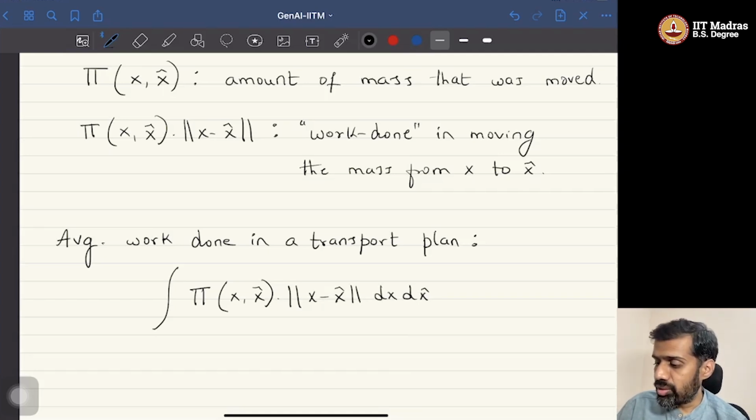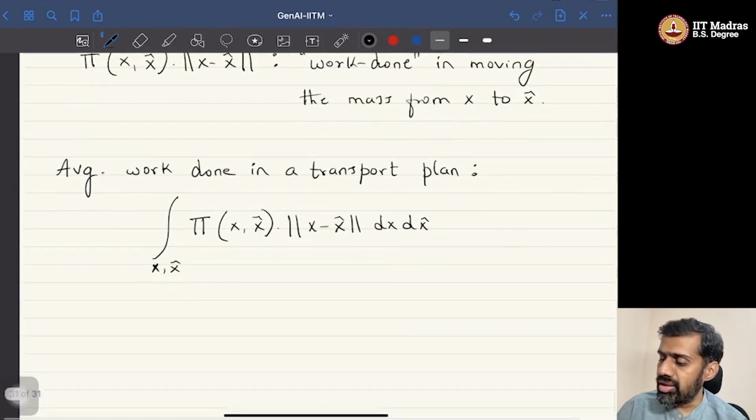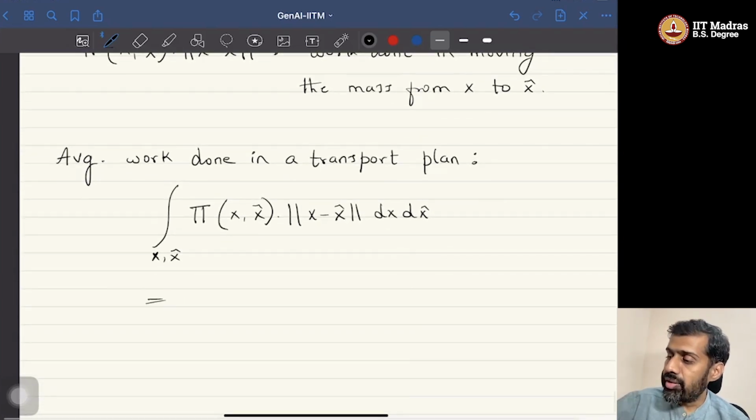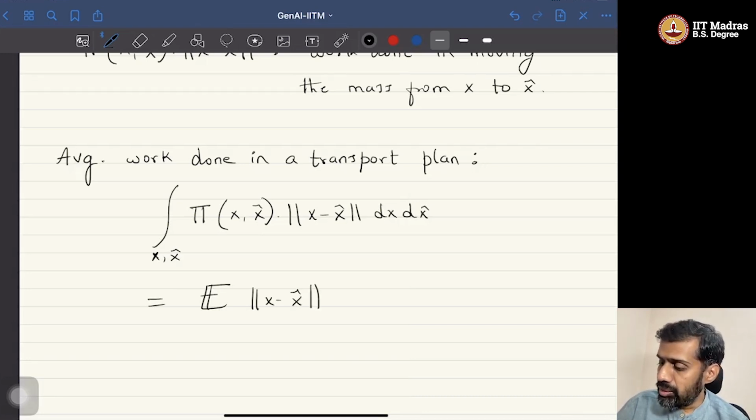And this integration is over x and x cap. Okay, this will give you the average work that is done. So what is this? This is simply the expectation of the norm of x minus x cap, and the expectation is with respect to the joint distribution between x and x cap, right?